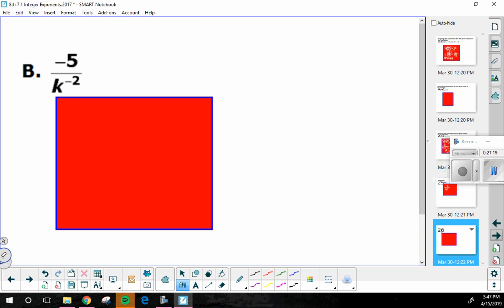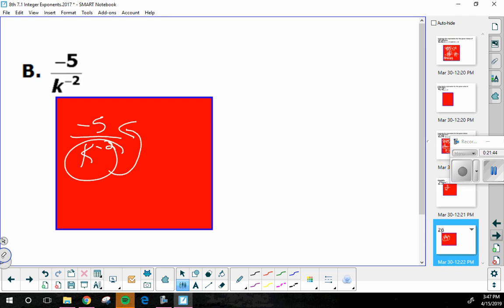Write this one down. Negative 5 over k to the negative 2. So we're going to look at each little variable and constant in there and go move, stay, or go away. Negative 5, move, stay, go away? Stay. K, move, stay, or go away? Move. So that means this is going to move and go up here.